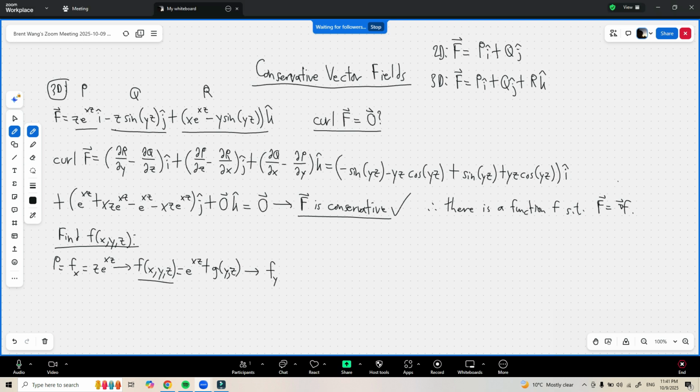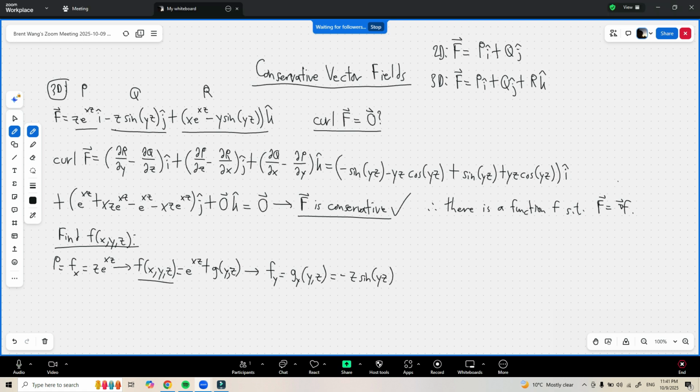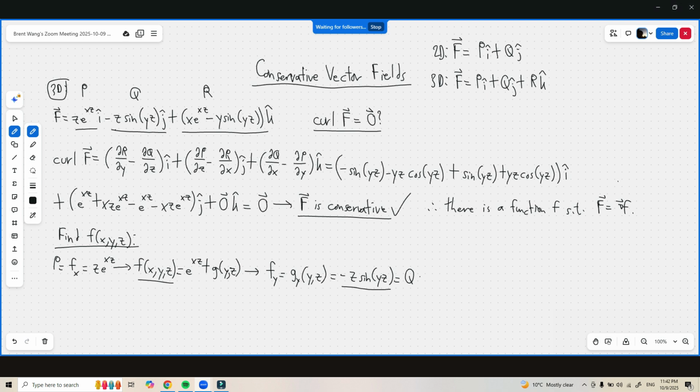So f sub y: e to the xz differentiated with respect to y is just 0, so all you have is g sub y of y, z. And this is equal to Q, which is negative z sine yz. When you integrate this with respect to y, you end up getting g of y, z is equal to cos yz plus h of z.